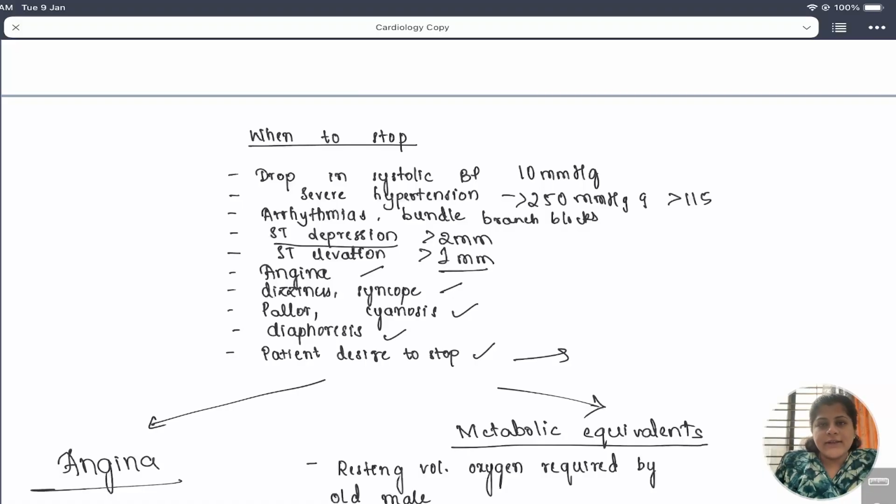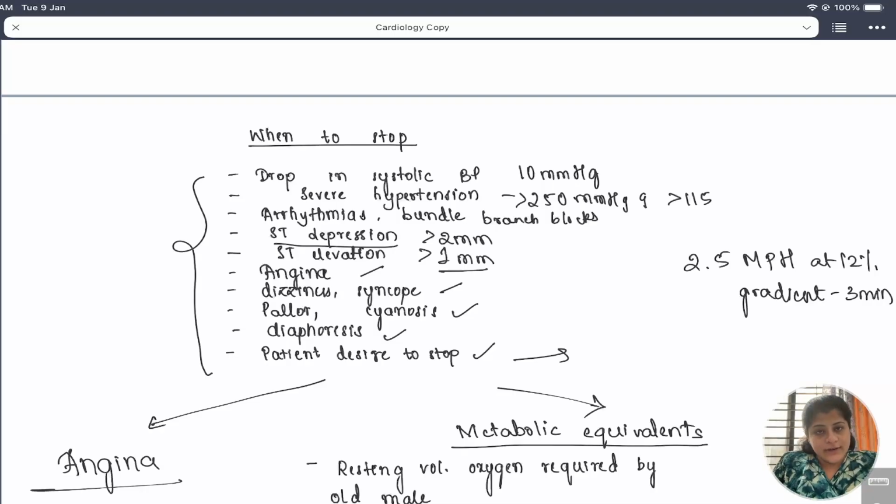So an average healthy human being will be able to do at least 2.5 miles per hour at 12% gradient for 3 minutes. So if there are any of the symptoms, you will immediately stop.